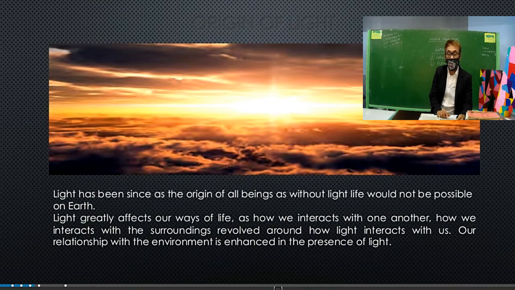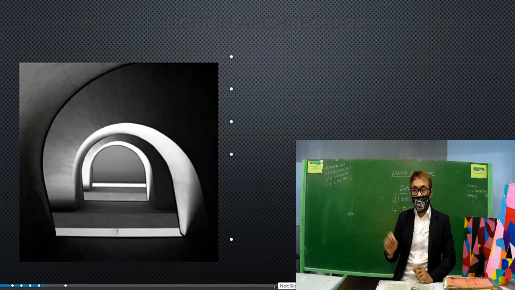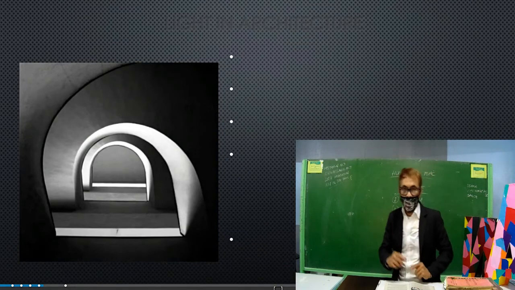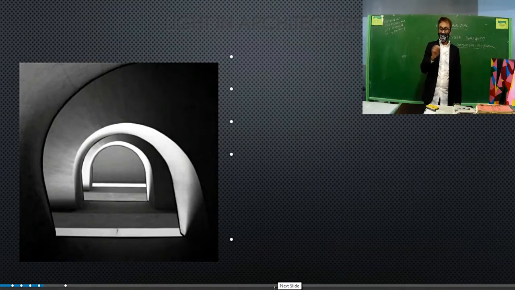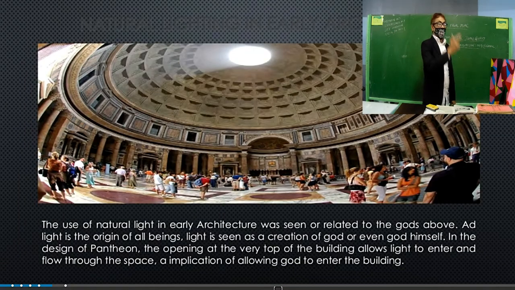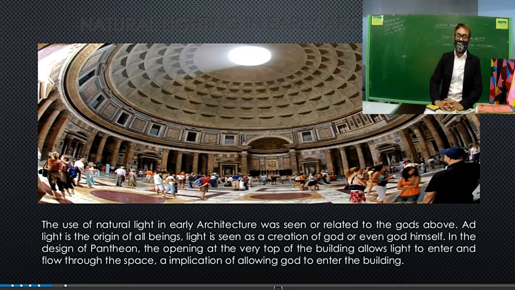Our relationship with an environment is enhanced in the presence of light. Just like in the creation of the world, first there was light. It was mentioned in the Bible that when God created the world, the universe, first there was light.